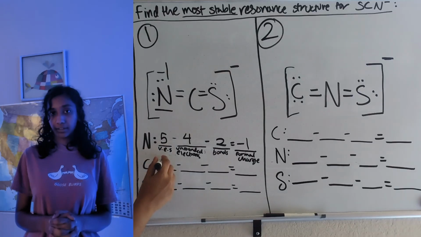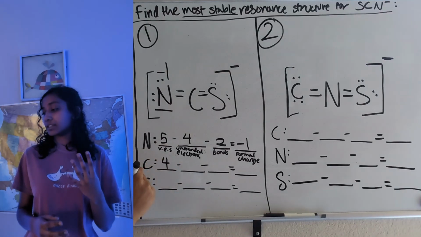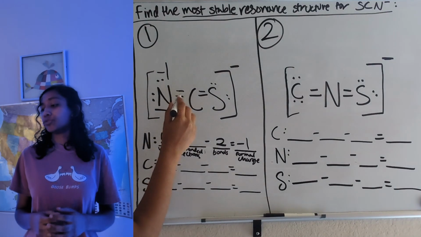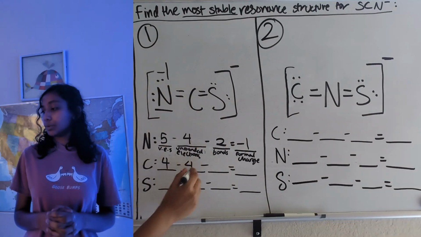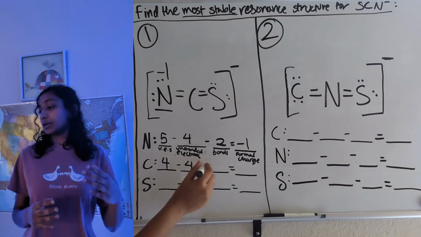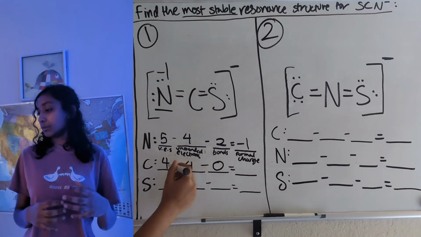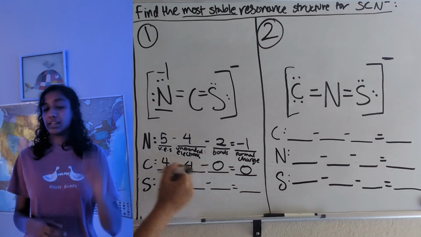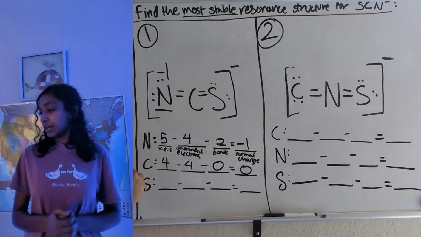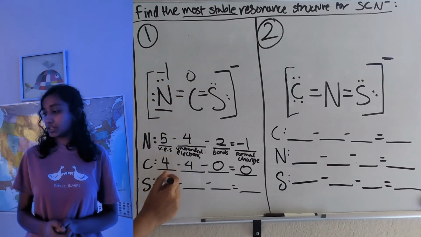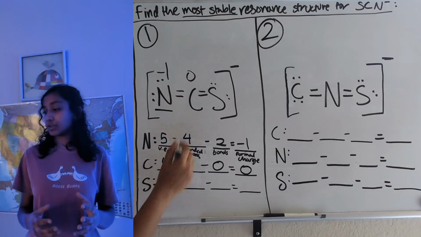Now let's do carbon. Carbon has 4 valence electrons. We can see there are 4 bonds connected to carbon, so we do 4 minus 4. There are no unbonded electrons on carbon, so carbon's formal charge is 0. Finally, let's do sulfur's formal charge. Sulfur has 6 valence electrons.